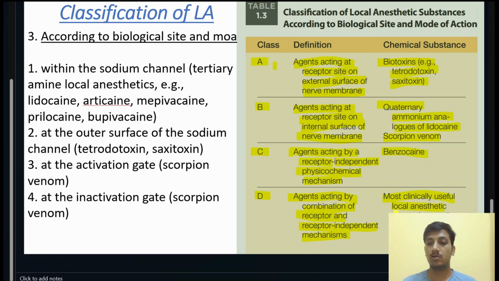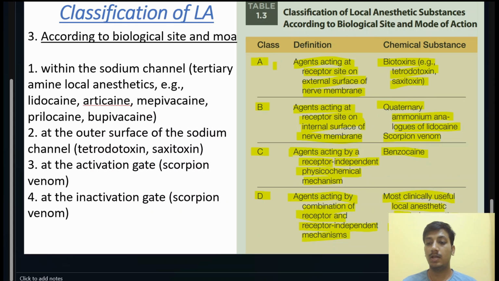Mostly clinically useful, which contains articaine in major procedures, bupivacaine, also the lidocaine, which we mostly use. Here are the analogs of lidocaine, but here it is only lidocaine. And the mepivacaine and prilocaine.